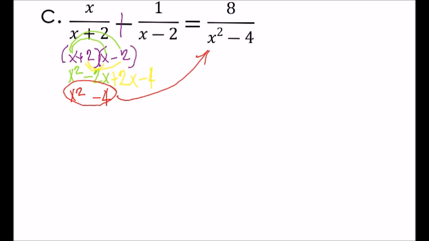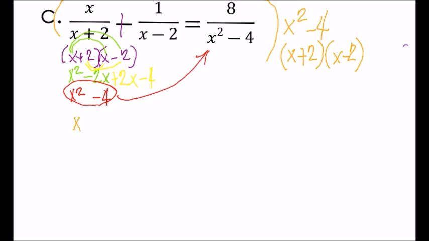Now we can start solving for x. What we're going to do is multiply the whole equation by x squared minus 4. Or, for easier solving, we multiply x plus 2 times x minus 2. So let's multiply.